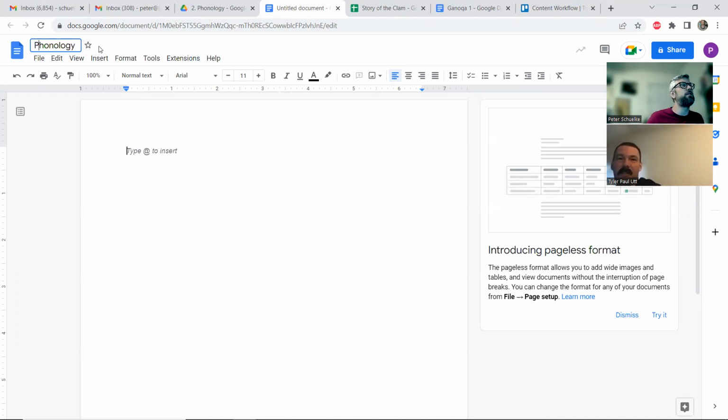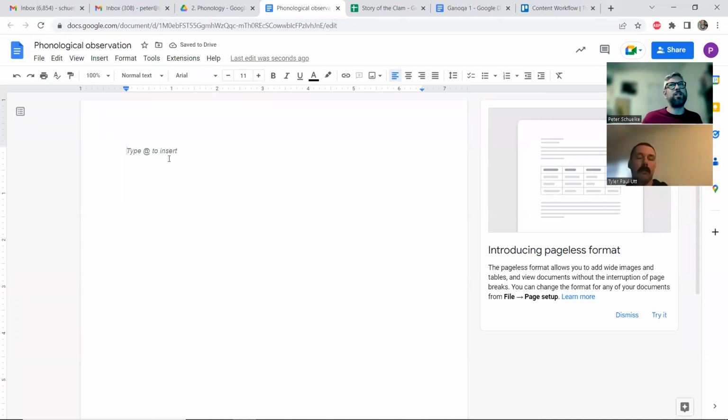We can always add that later. I'm going to call it phonological observations. This is going to be somewhat unstructured because we're just going to put things in here as we notice them. A lot of them are going to be hypotheses, meaning we don't know if that's true yet or not, but I'm going to write it down so we can test it. Let me show briefly an example of the kind of stuff we do.